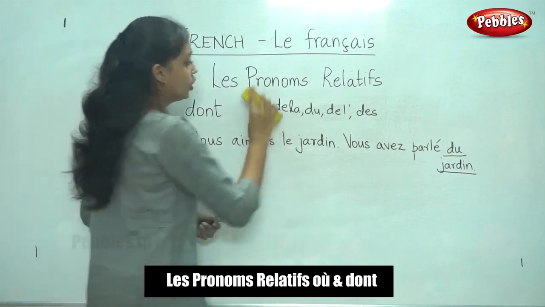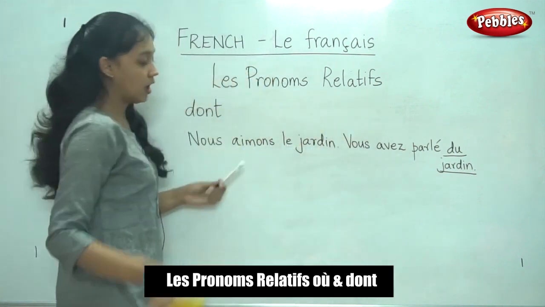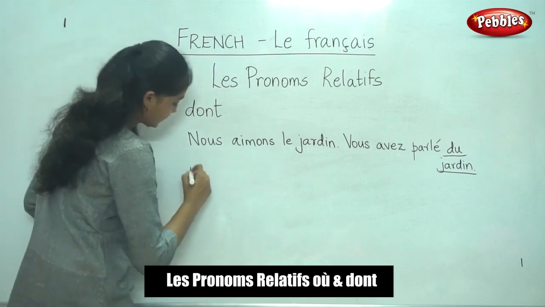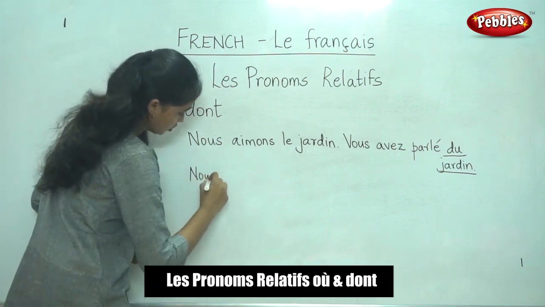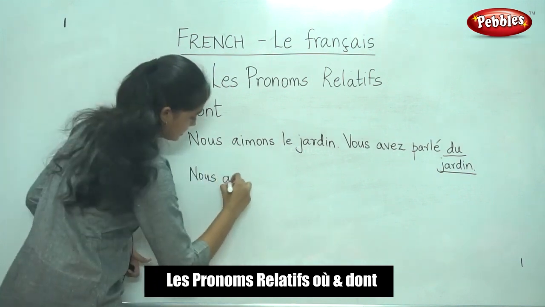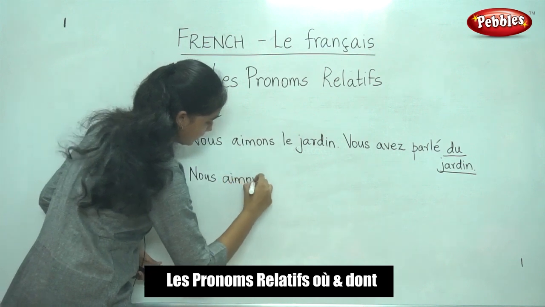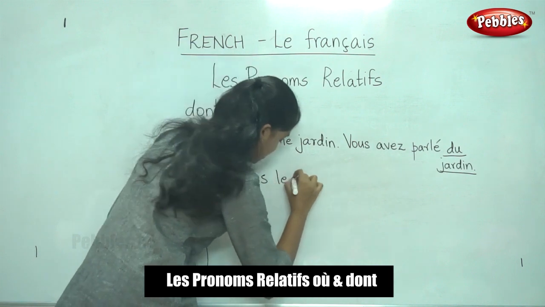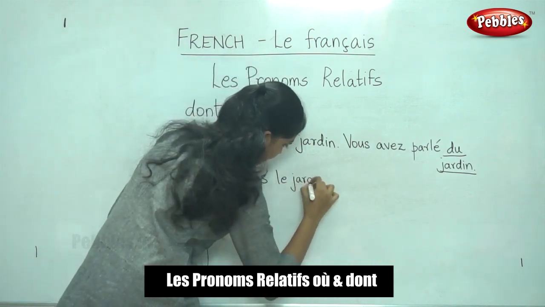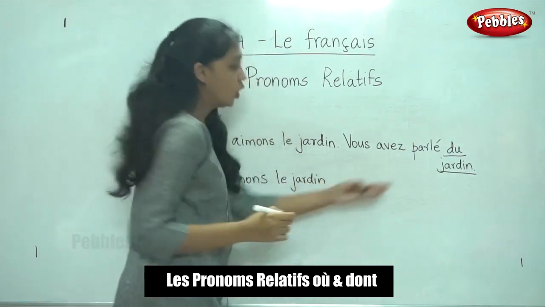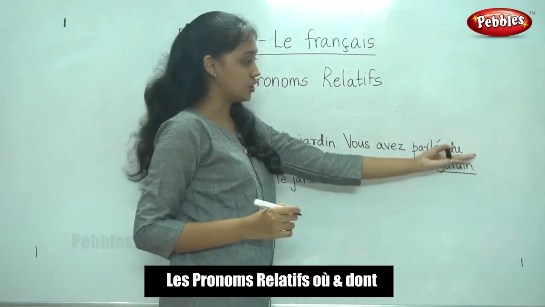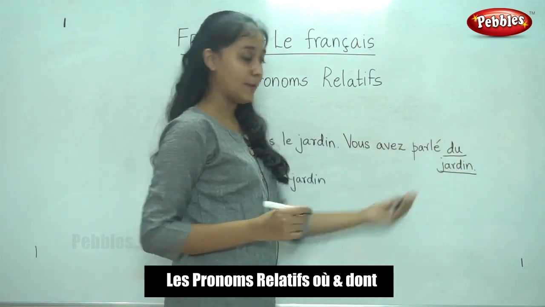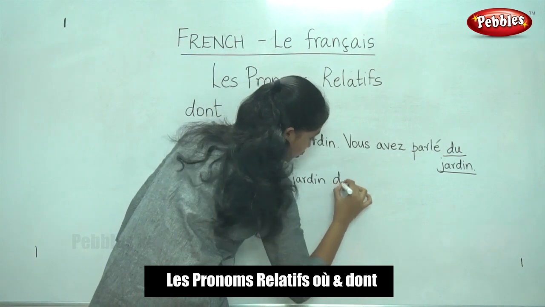So, how will you join these two sentences? Nous aimons le jardin. Now, du jardin. Du jardin is replaced by dont.